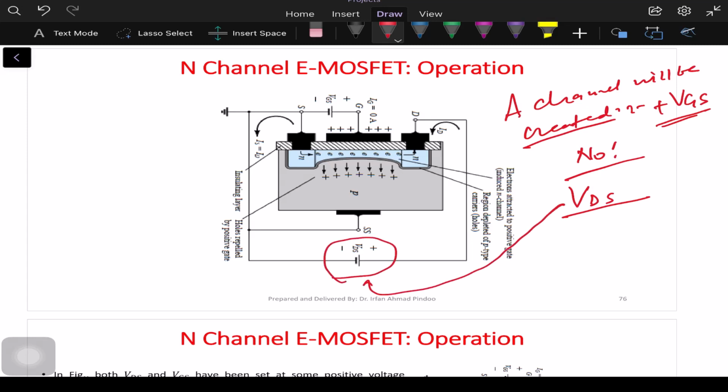With this positive VDS voltage that we are applying, we now have the positive terminal here, and this positive terminal of the battery is going to attract electrons. As a result, there will be a movement of electrons from the source position to the drain position. In this way, we will see that the drain current will start increasing.